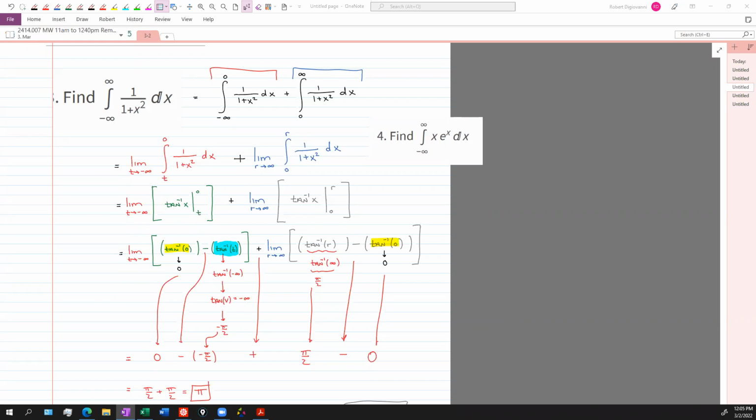Does anyone want to give the rest of the class a hint as to how you're going to find the antiderivative of that? By parts? Yeah, I did integration by parts. Integration by parts.